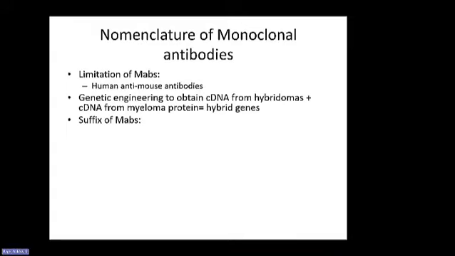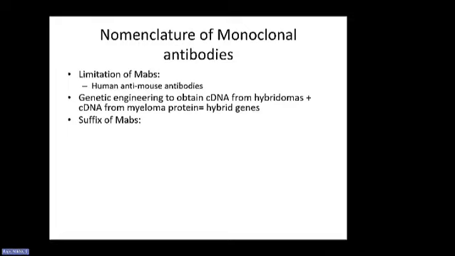This basically talks about how there is a limitation of monoclonal antibodies, because when you have mouse hybridomas that produce monoclonal antibodies, there can be development of human anti-mouse antibodies, which can be a problem. Genetic engineering can also be used to obtain cDNA from the hybridomas and from the myeloma protein to give rise to hybrid genes.